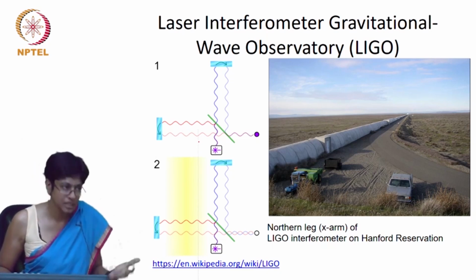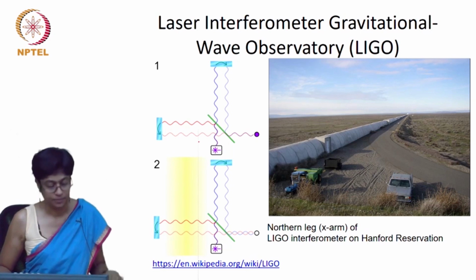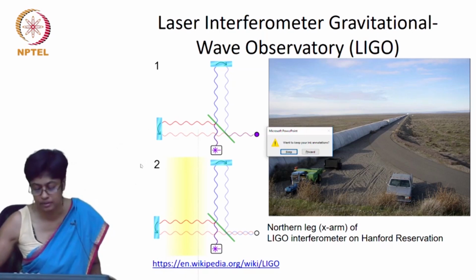All of this and much more you can do with interferometry or holography, which is a form of interferometry. Okay? For the rest of the class, I will focus on a different application.